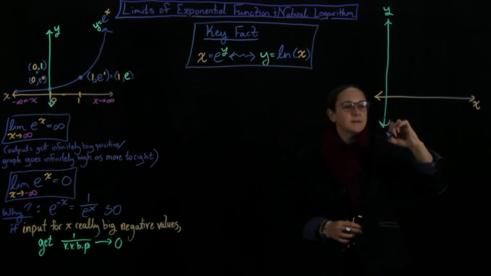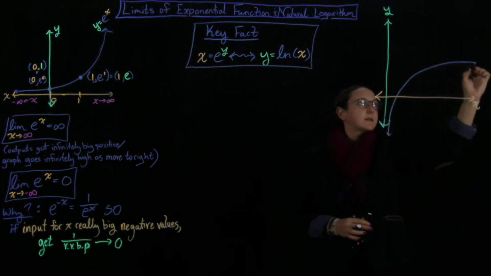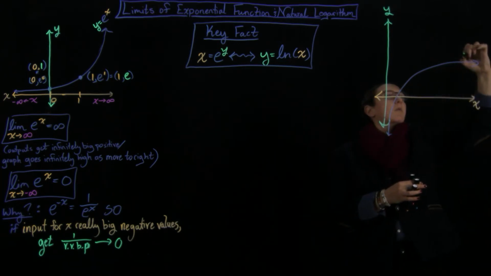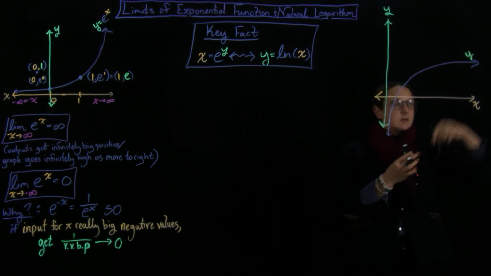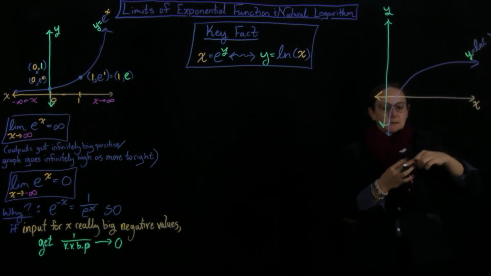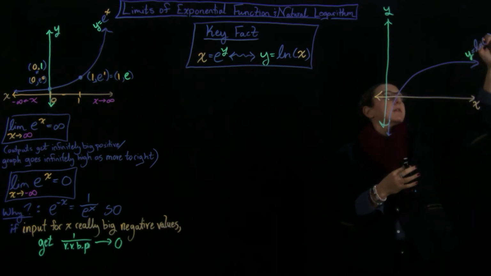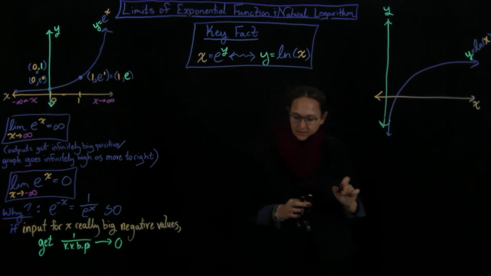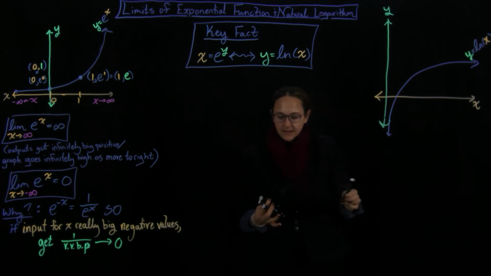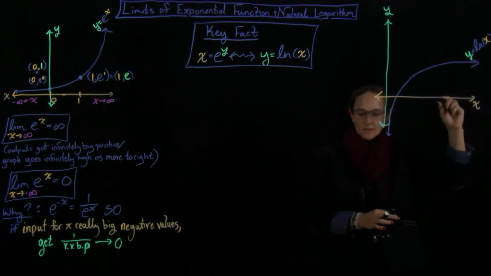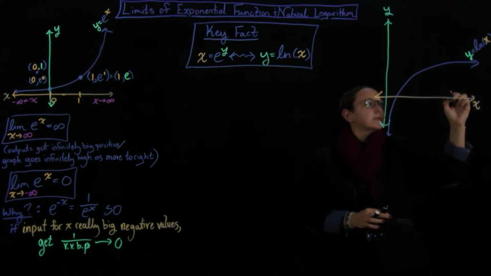So this graph is going to look something like this. Okay, so this is y equals the natural log of x. And so this is how we go. So going in this direction is x going to infinity.